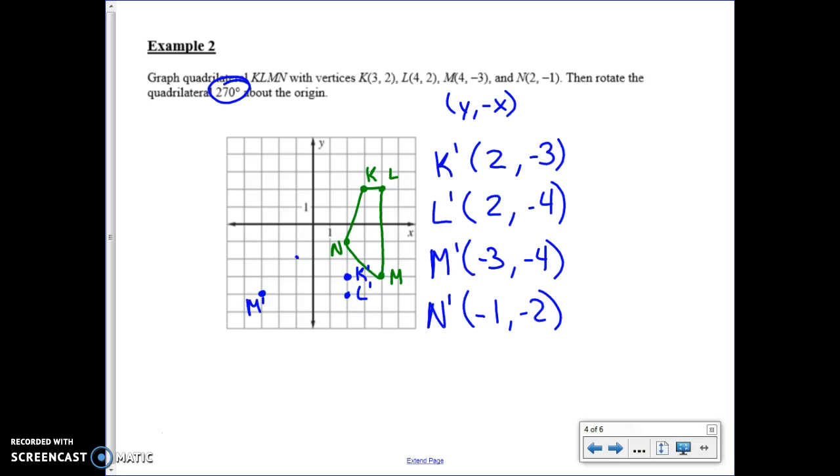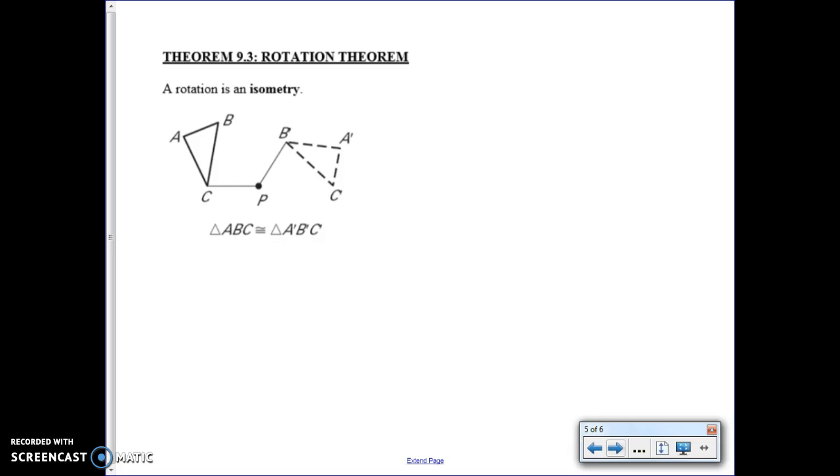And negative 1, negative 2 is N prime. So notice that shape is the same, it just rotated around, which is what this next theorem says. A rotation is an isometry. It hasn't changed size or shape.